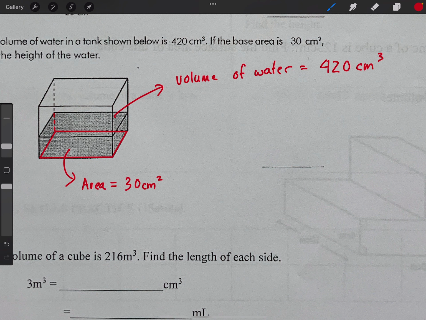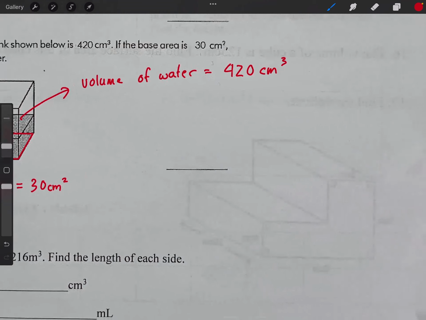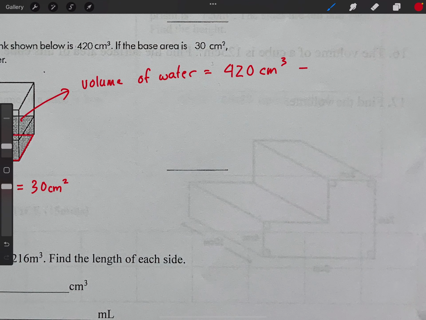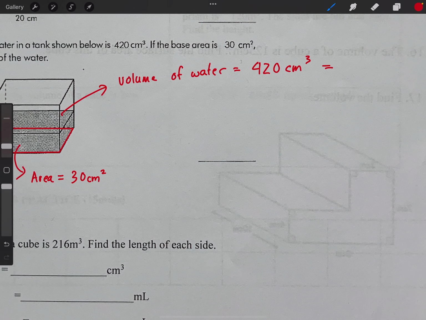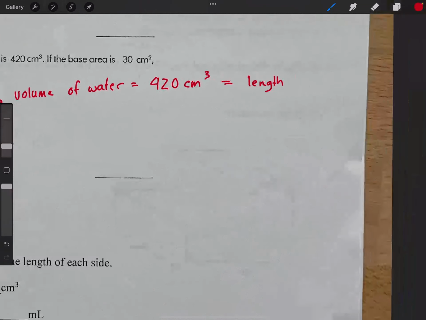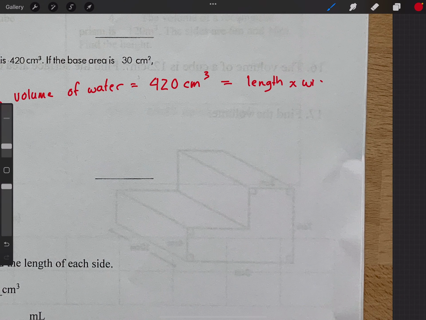So the volume of the water is now 420. To find the volume of water, we also can do length times width of the tank times the height of the water. Now we know that the length times width is also the base area.